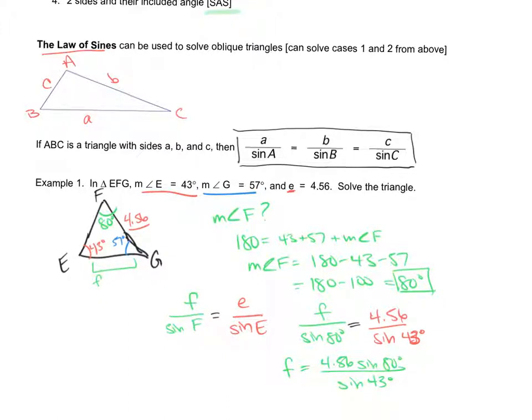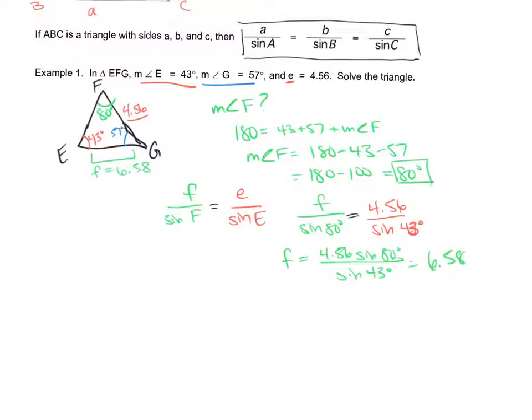Now this is just something I can put into my calculator, which when I do, I get a value of 6.58 units. We don't know what our units are here, so we're just going to put this into our diagram. So the length of side f is 6.58. The final thing we need to solve for is the length of side g, which is opposite angle G. And again, we're going to use a very similar proportion.